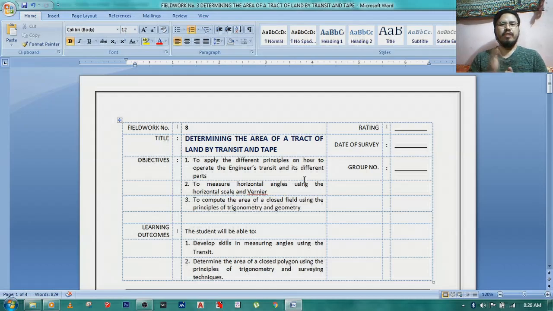If you have free time in your schedule, when we return to school, and you are very interested in the transit or other surveying instruments, go to the CE laboratory, borrow instruments, and try the engineer's transit and other civil engineering surveying instruments. That way you will not be ignorant of surveying instruments, especially when you reach your OJT. If you are familiar with the transit or theodolite, you will not be anxious on how to operate and do surveying fieldworks.